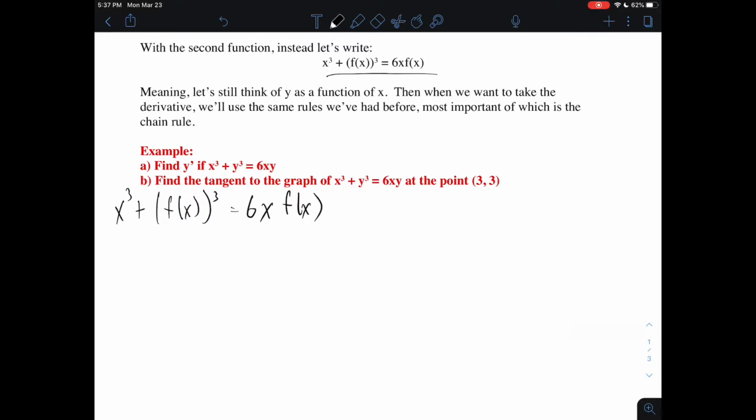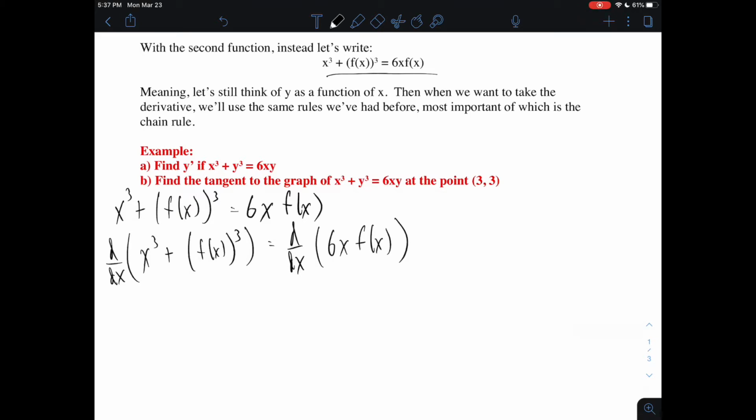Now what we are going to do is take the derivative of everything with respect to x. So the derivative with respect to x of the left-hand side, and the derivative with respect to x of the right-hand side. Right here we're going to have some rules that we can use. On the left-hand side, we have a sum, which means we can distribute the derivative across that sum.